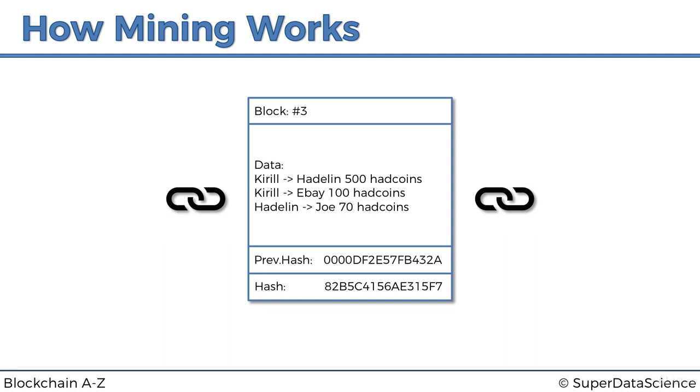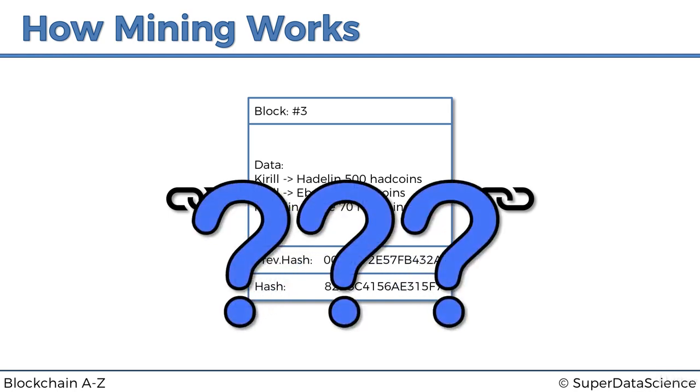And so here, this instantly raises a question. If it's so simple to just take the block number, the data, and the previous hash, put them into a hashing algorithm, and get a hash out, which takes like half a second, then what's the whole fuss about mining?